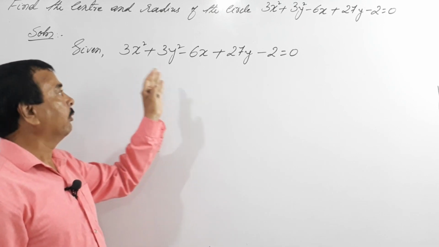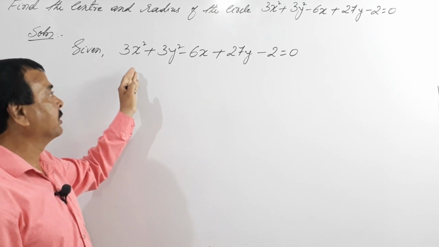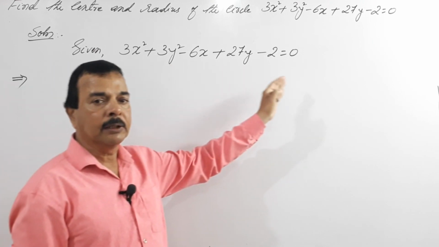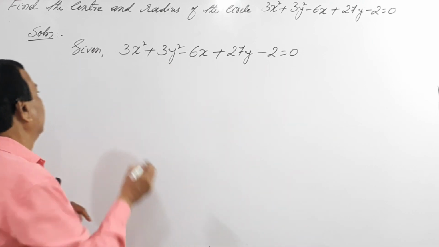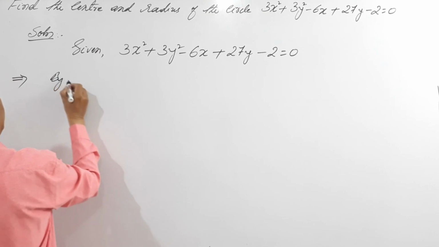In order to make the coefficient of x square 1, I will divide throughout by 3.